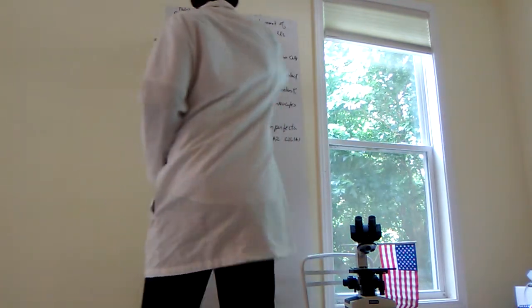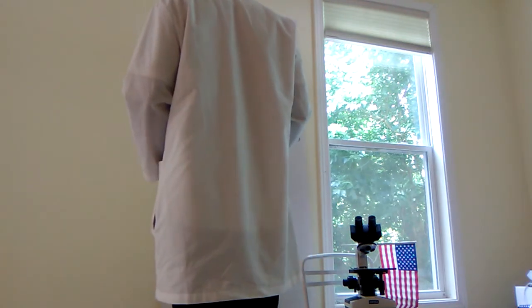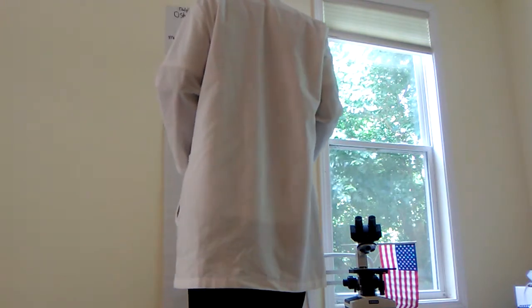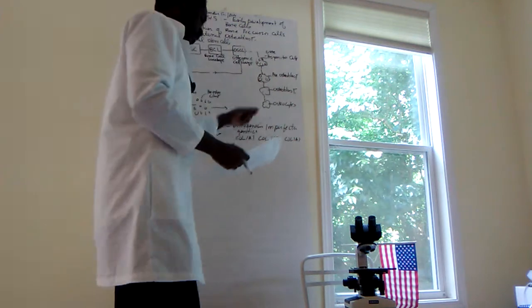Anyway, we are on osteopoiesis, and we have outlined the process pathway via the bone cell lineage and the osteogenic cell lineage to form the functional osteoblast and the osteocytes.